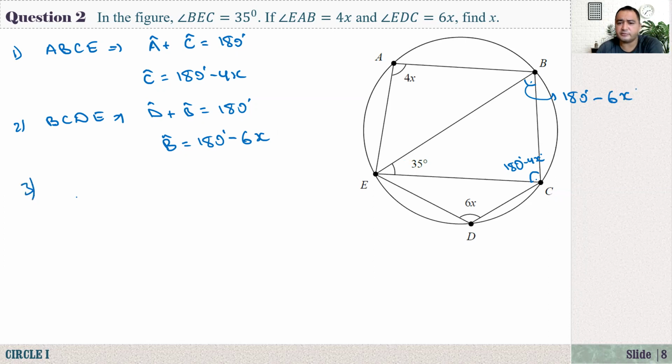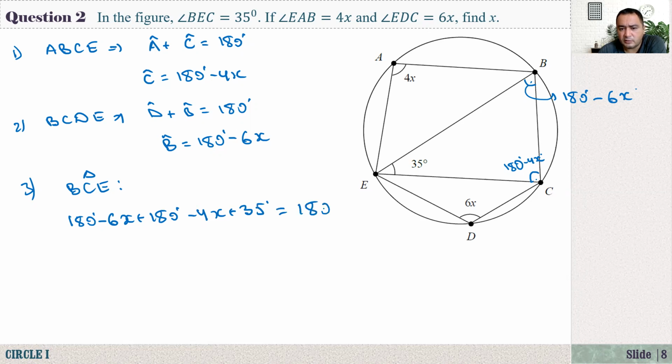And step three, if you look at the triangle BCE, the sum of the interior angles is equal to 180 degrees, which means that here we have 180 minus 6x plus 180 minus 4x plus 35 degrees, equal to 180 degrees.